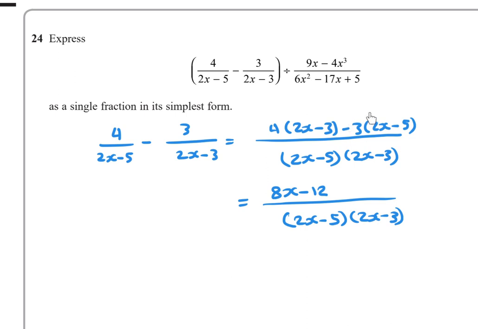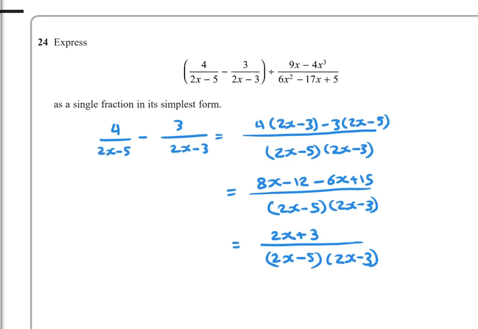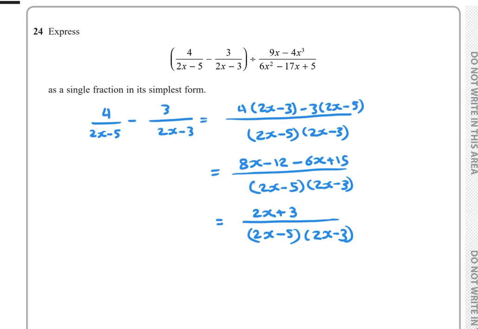Same, negative 3 times 2x and negative 3 times 5, so negative 6x and positive 15. 8x minus 6x equals 2x, negative 12 and positive 15, so plus 3, over the same denominator, (2x minus 5) times (2x minus 3). Now we can simplify this fraction first before division.